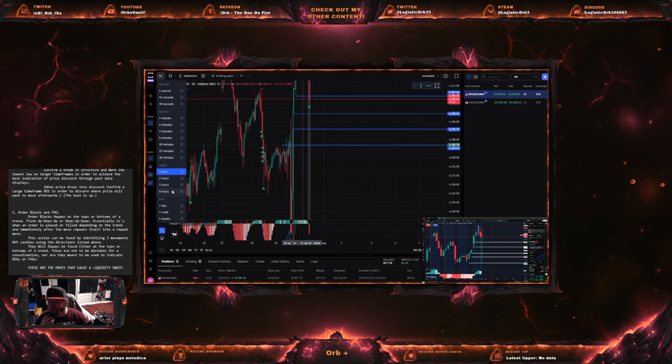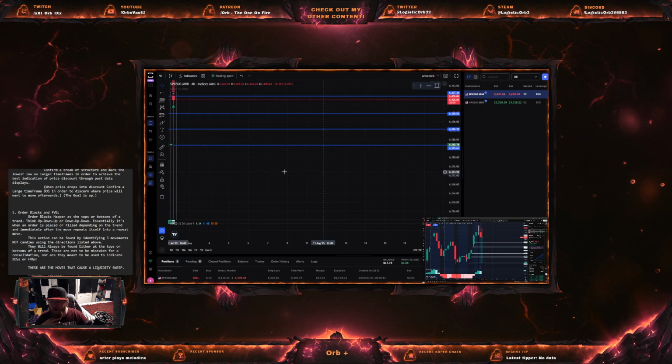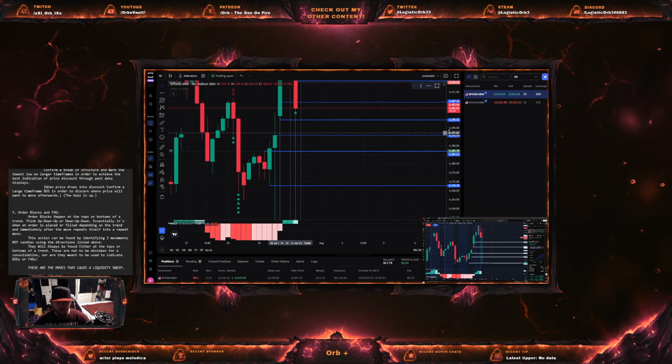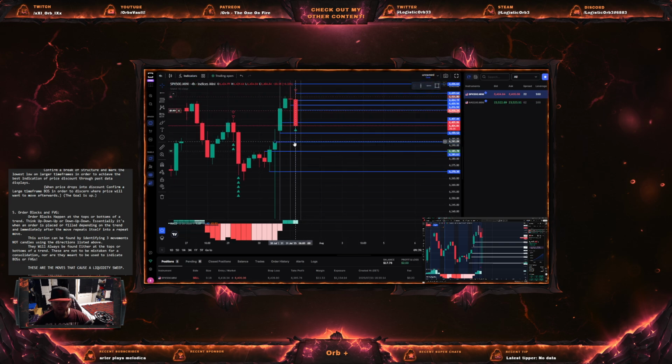Let's go to the 4 and see if it makes sense there. The top of the order block is what I marked. This is the bottom of the order block. We also have a price gap there as well as a fair value gap, so it's drawn heavily to this as well.